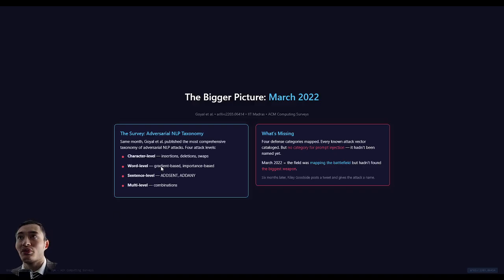There were character levels, which is insertion, deletion, and swaps, word levels, gradient-based and importance-based, sentence level, and multi-level combinations. But there was no category for prompt injection. The techniques existed as we just watched, but nobody recognized that they were symptoms of the same problem. So AI couldn't tell instructions from data.